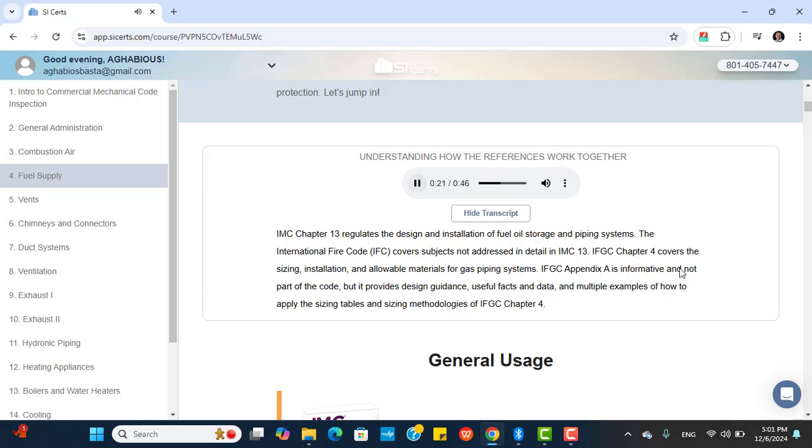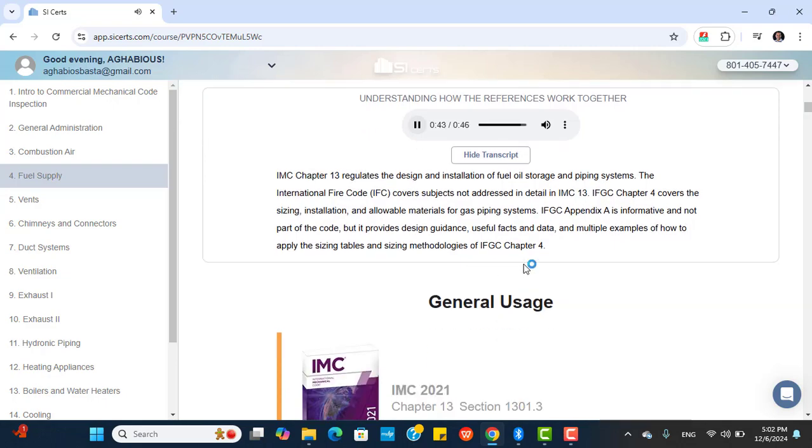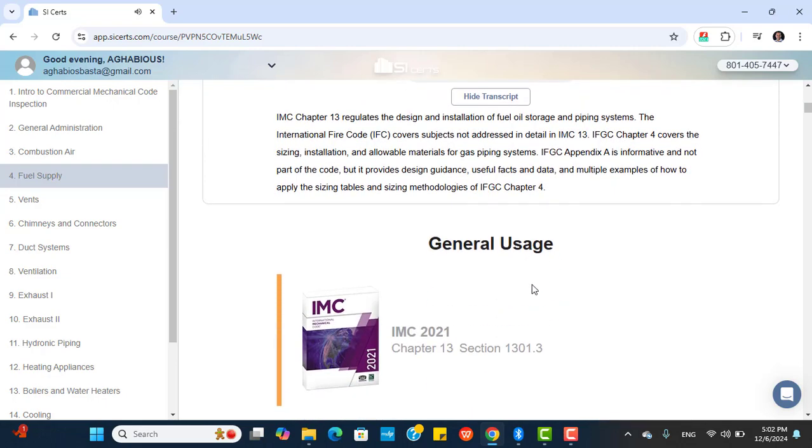IFGC Chapter 4 covers the sizing, installation, and allowable materials for gas piping systems. IFGC Appendix A is informative and not part of the code, but it provides design guidance, useful facts and data, and multiple examples of how to apply the sizing tables and sizing methodologies of IFGC Chapter 4.